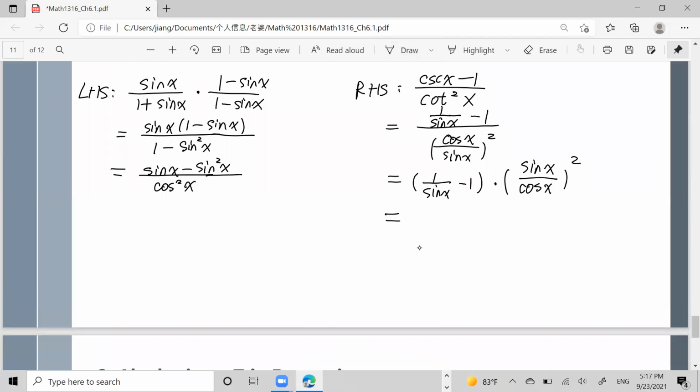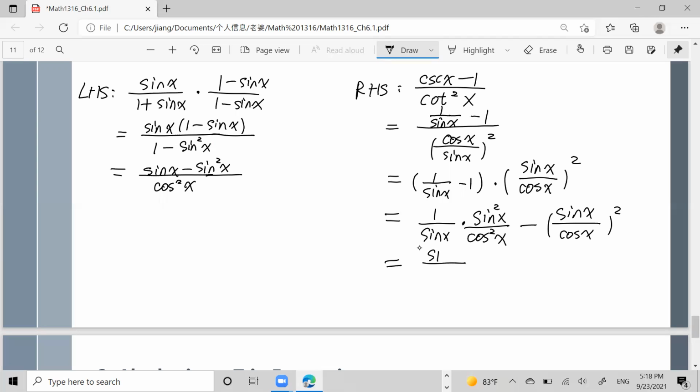So distribute this. That's 1 over sine x times sine x squared over cosine x squared, because I can distribute the 2 here and here, minus sine x over cosine x squared. And then sine x and sine x cancel out. Only one sine x is left on the top. The bottom one is cosine x squared.